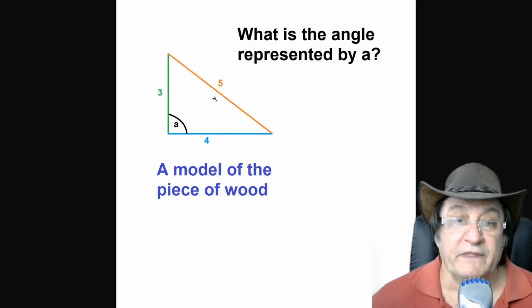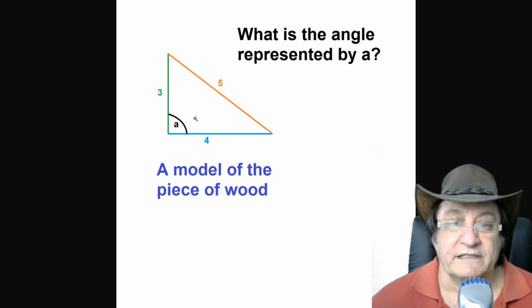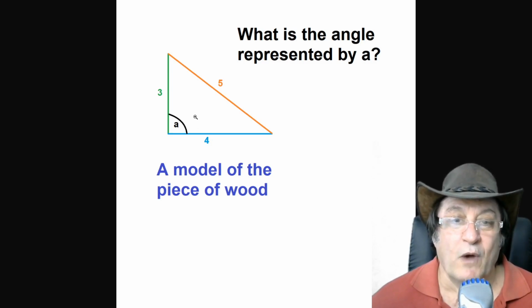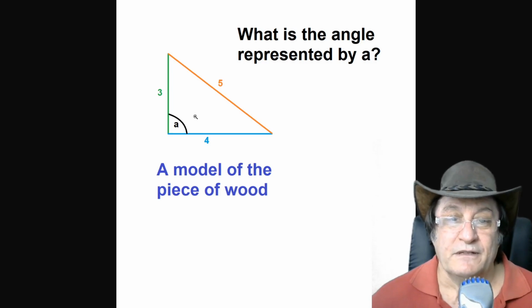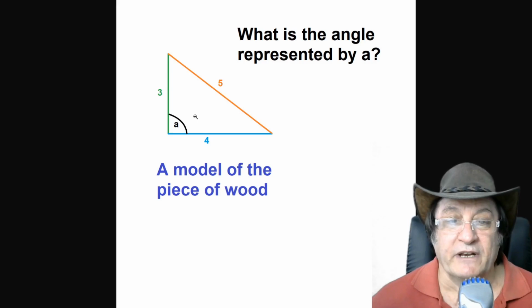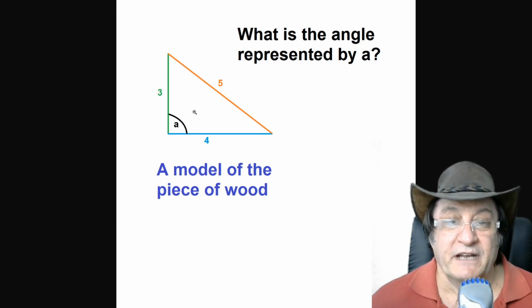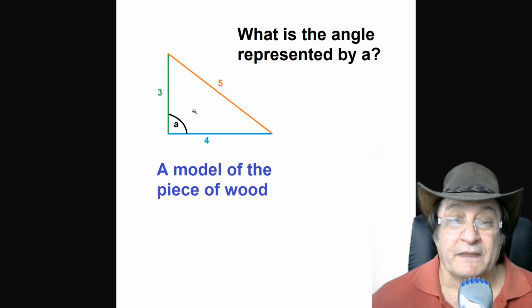So from this model, I can determine that this angle A has to be 90 degrees. Now, there is no other physical reality that can fit 90 degrees. I cannot interpret that and say that angle is interpreted as 70 degrees. It cannot be. It must be 90.